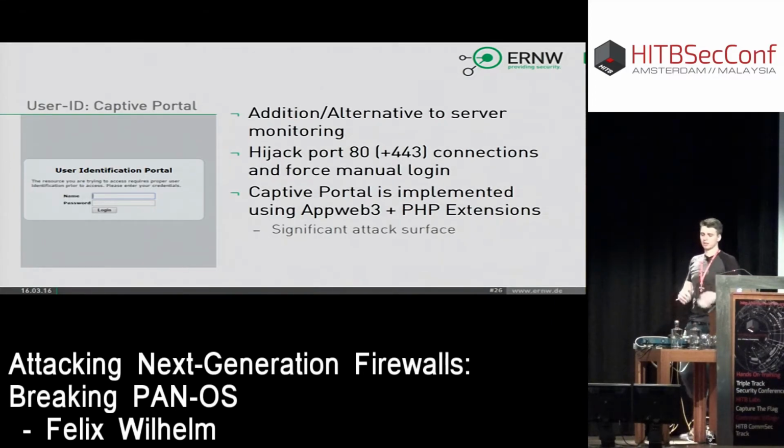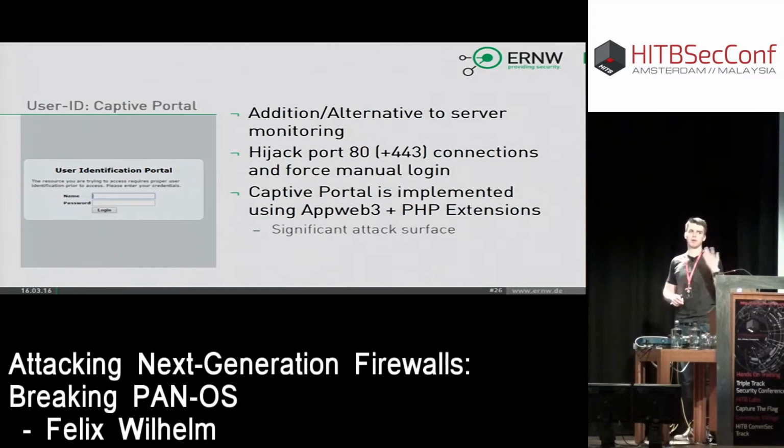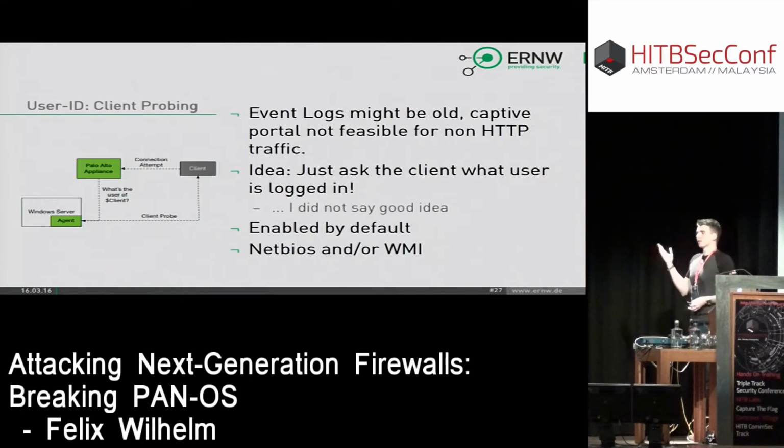So if your user is just trying to access some kind of internal website, you pop up this login field, and then you have to perform normal authentication to your domain. Again, this is quite interesting because it's also using this Apache, Web 3 stuff plus the PHP extensions, so it's an interesting attack surface.